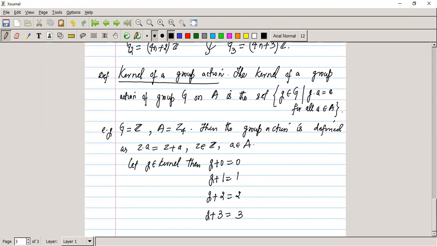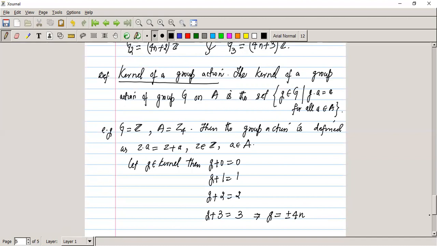So in fact we can see that it is actually the multiples of 4 that satisfy all the four equations, since 0 satisfies all of these equations, 4 satisfies all of these equations, minus 4 satisfies all of these equations. In fact every multiple of 4 satisfies all of these equations. This clearly implies that G is equal to plus minus 4, in fact plus minus 4n.